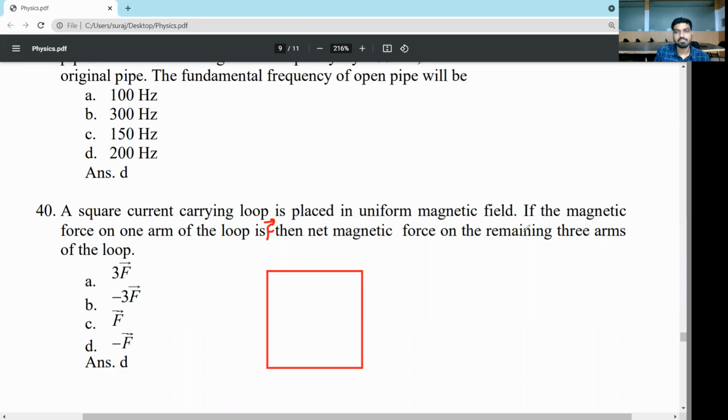Placed in a uniform magnetic field, if the magnetic force on one arm of the loop is F vector, all the other 3 should be minus F vector, so the net force is 0. The net force experienced by a current carrying loop in a uniform magnetic field should be 0. So your answer should be D. If this is F vector, the others should be minus F vector.